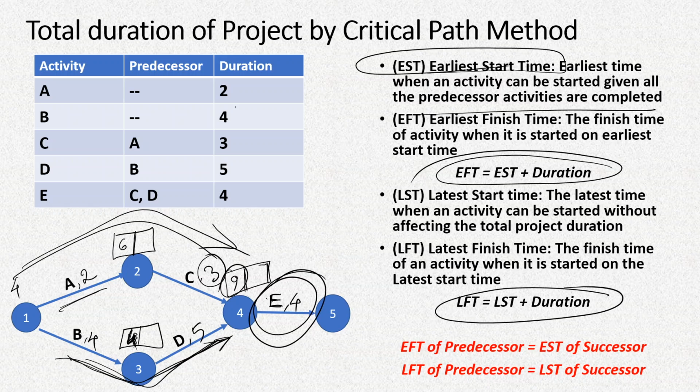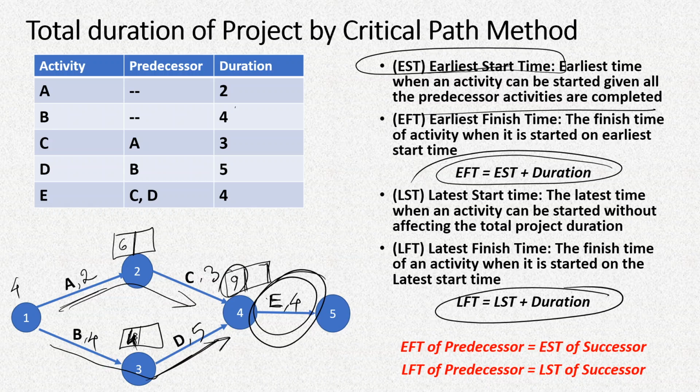Now here we can say that these two activities A and C are not very critical in the calculation of the total duration of the project, and therefore they are called non-critical activities. But the activities B and D are basically governing the total duration of the project, because they cannot be delayed even by a single day, as that will affect the total duration.